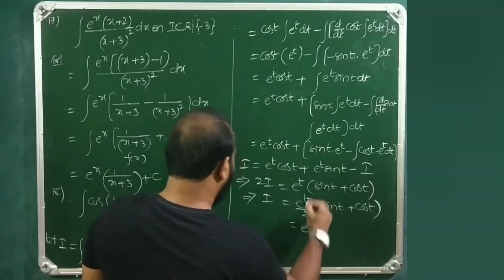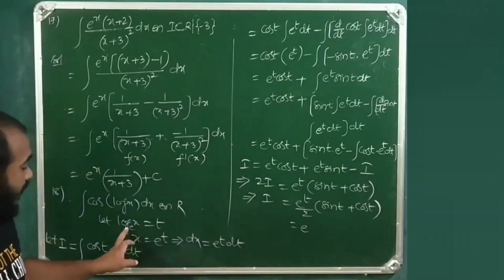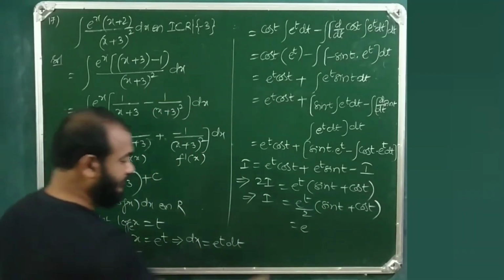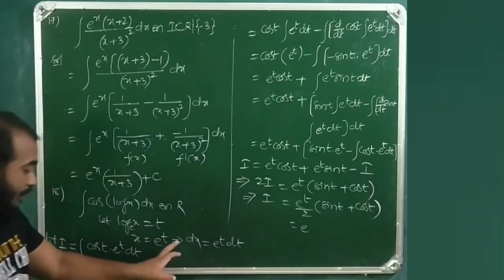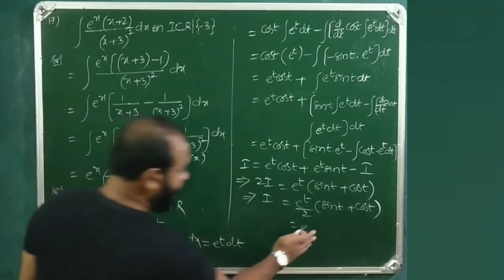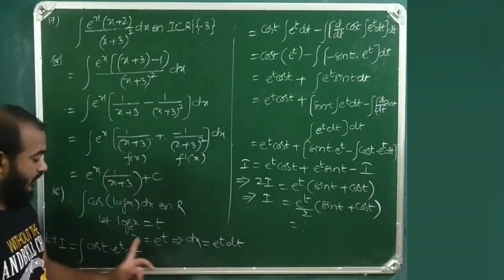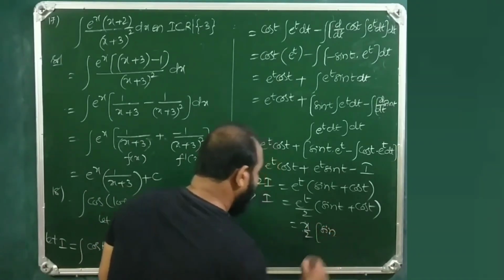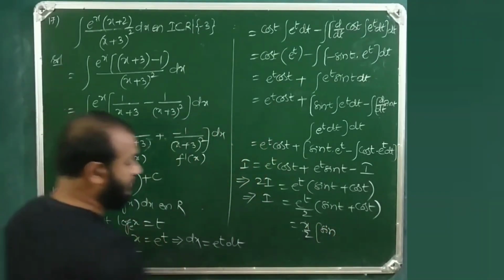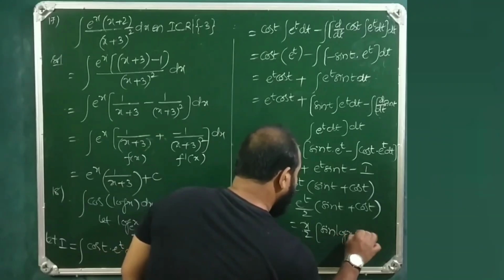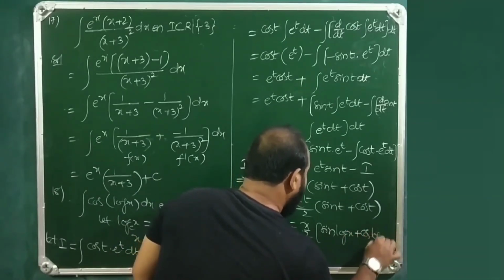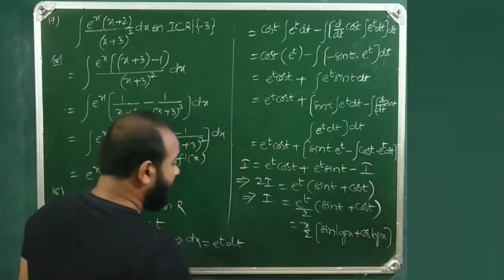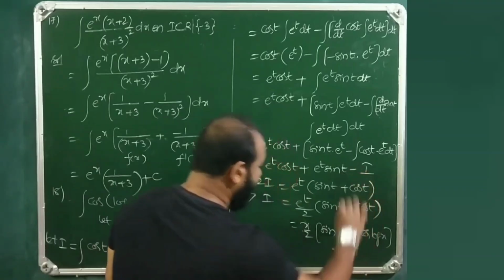Now e power t is equal to e power log x, which is x. So e power t is x. So x by 2 into sin of t, where the value of t is log x, so sin log x plus cos log x, plus constant of integration c.